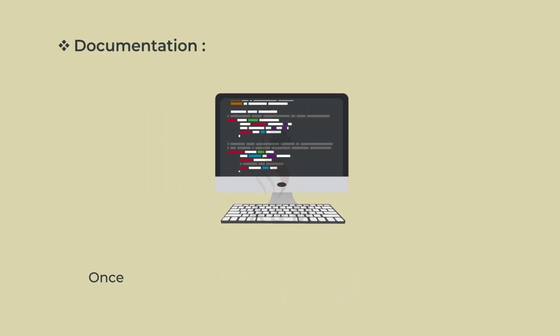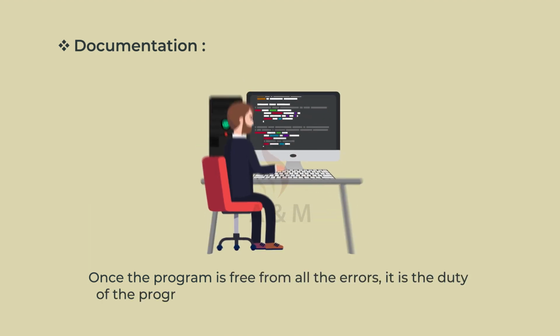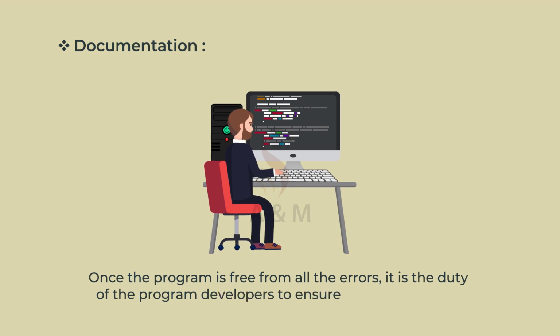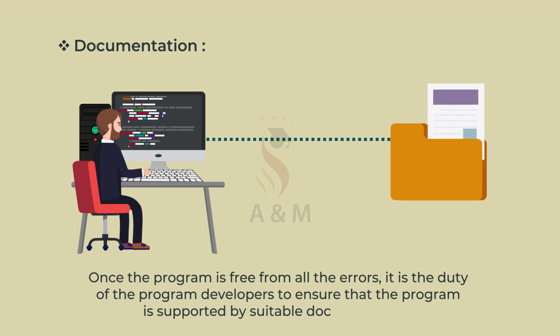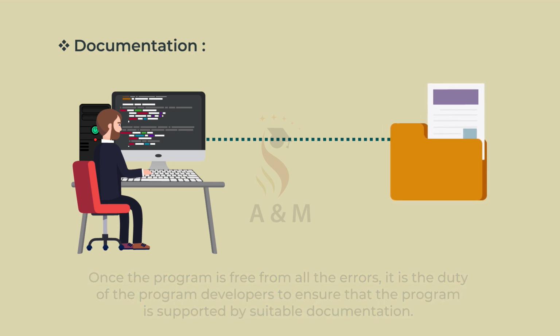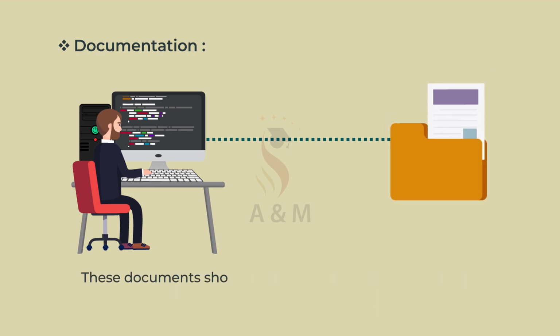Documentation. Once the program is free from all the errors, it is the duty of the program developers to ensure that the program is supported by suitable documentation. These documents should be supplied to the program users.